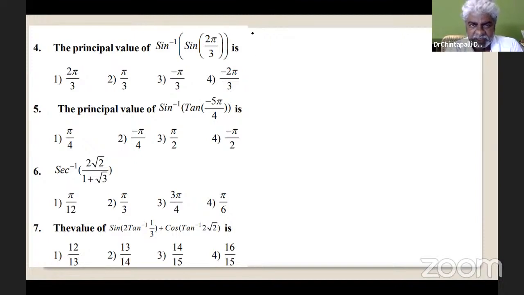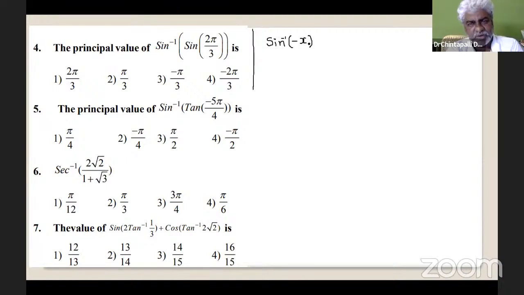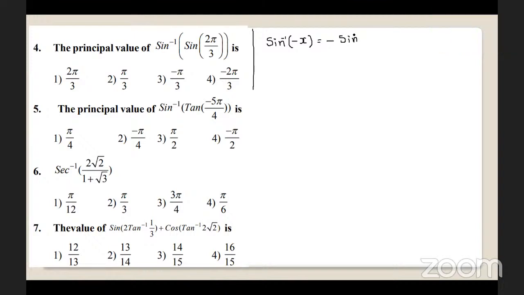I'm telling you these three formulae. Sine inverse of negative x is equal to negative sine inverse x. All these formulae are there in the files sent to you. These are very useful formulae.